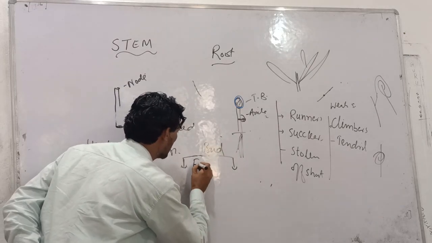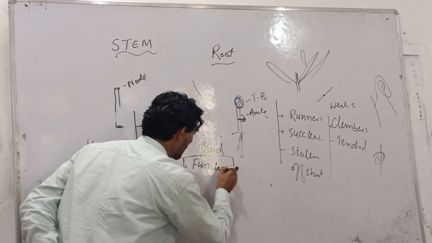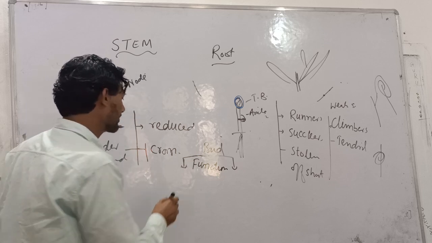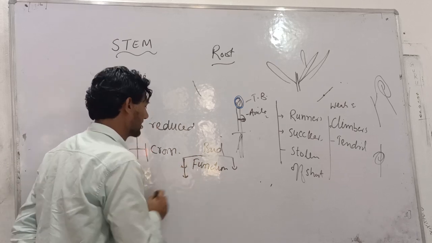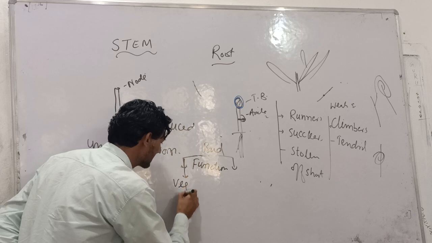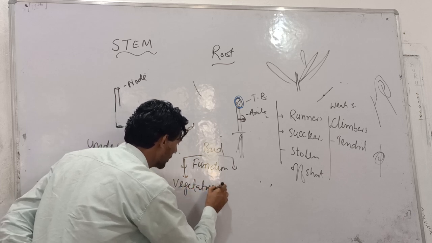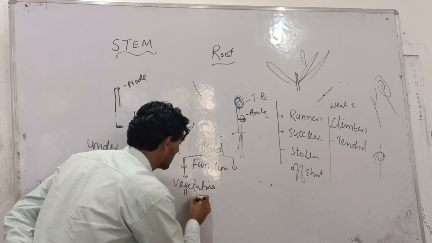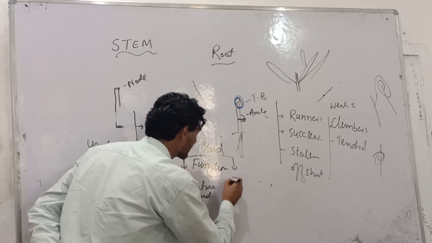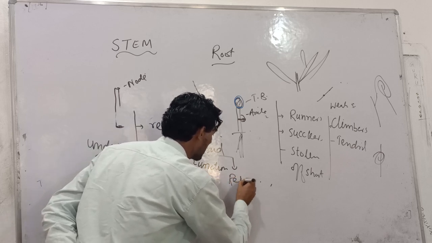On the basis of function we can classify buds into two types. Number one, vegetative bud. Second is called a reproductive bud.